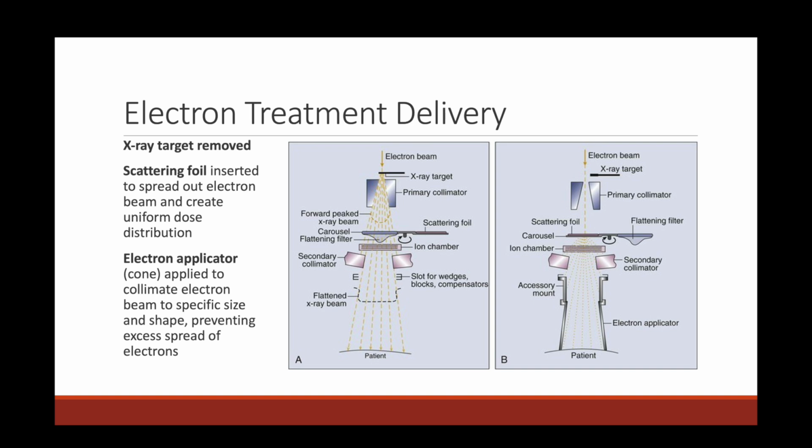So we essentially draw the field that we want to treat, and then we create a customizable lead cutout that allows the electrons to travel to the target, but blocks them out of the periphery where we don't want to treat.